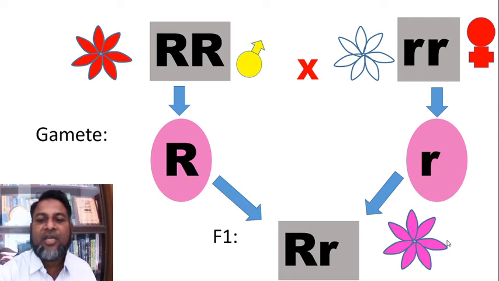So this is a deviation from Mendel's law, or an exception to Mendel's law, because here the dominant characteristic, red, is not expressed in F1. Instead of red color, we find a pink flower.